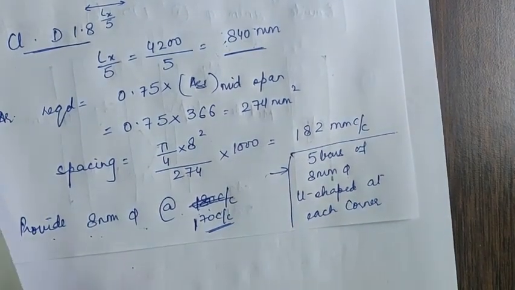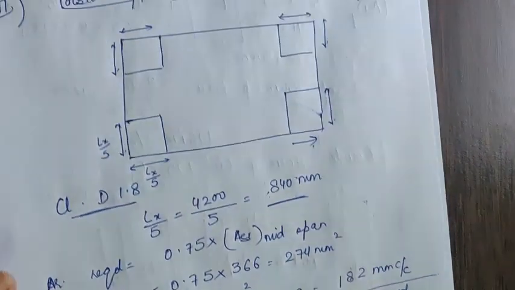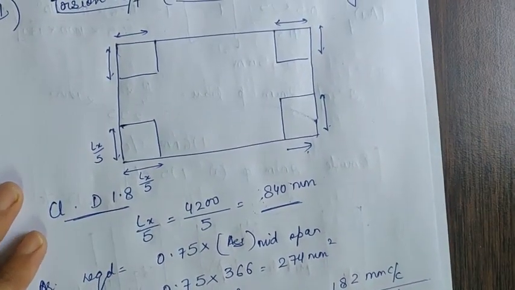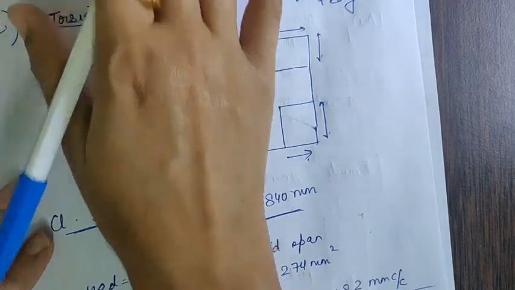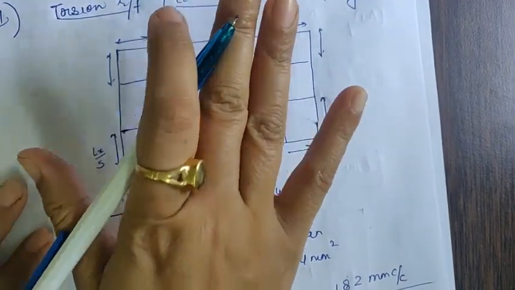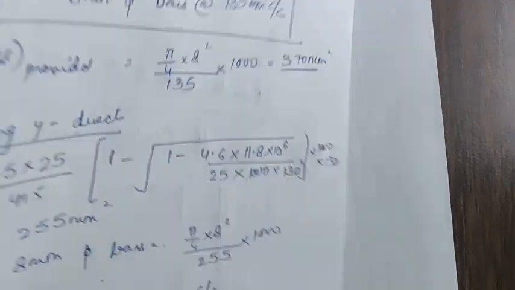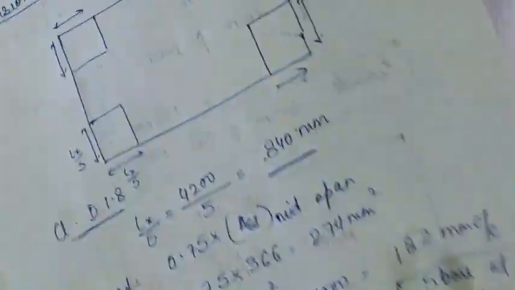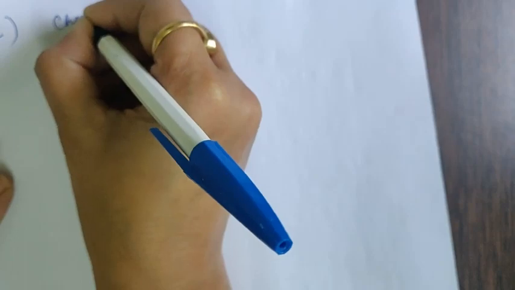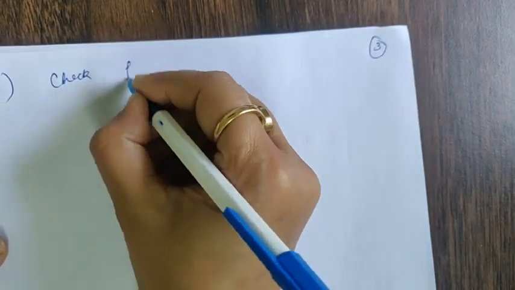Okay. So we have established the corner reinforcements, we have done the main reinforcements, we have done the edge strip reinforcements. Now the next thing that is left is simply the checks. So next step is step number 7, check for deflection.